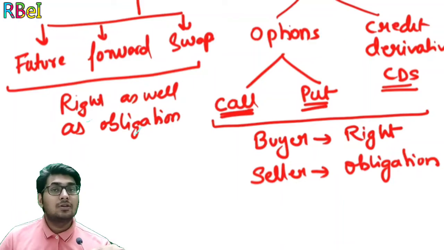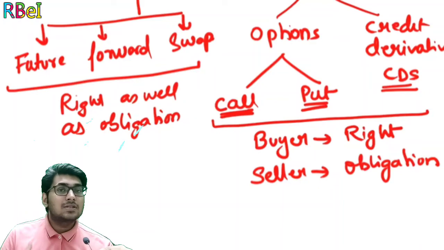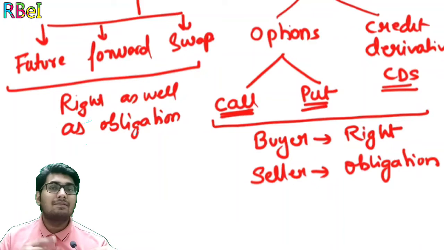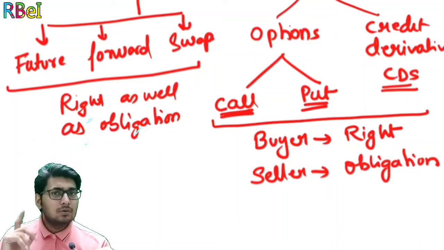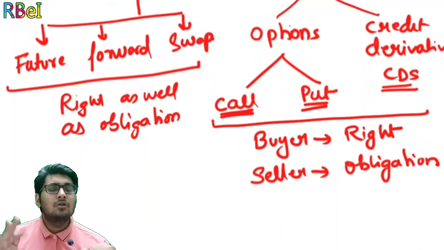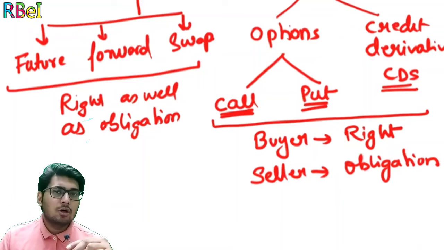You cannot deny. Why? Because I can buy apple from you at the rate of 40 and in the market it is trading at 45. So I still have a profit of 5, and you cannot deny, because you have the obligation to sell the apples at the rate of 40. Clear? But it's my right that if I want to buy apple at 45, I can. But if I don't want to buy, you cannot force me to buy at 45.